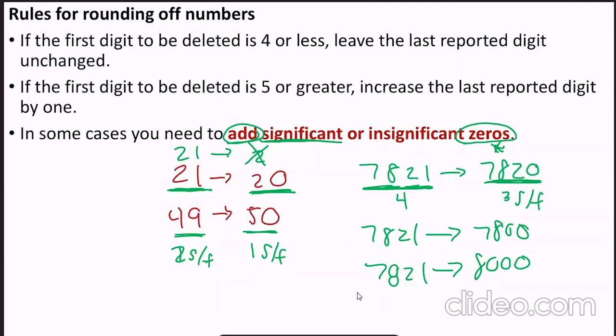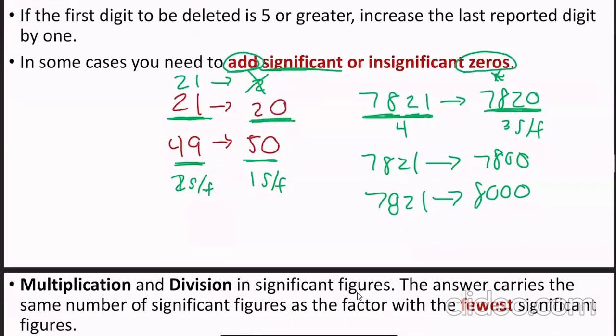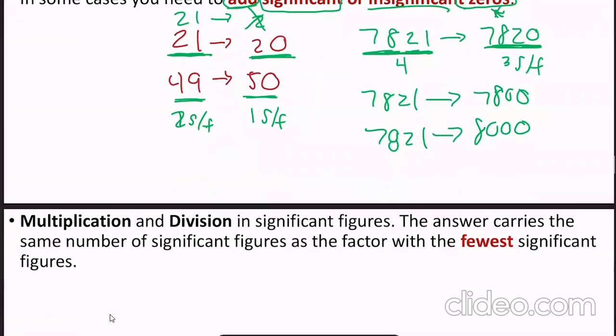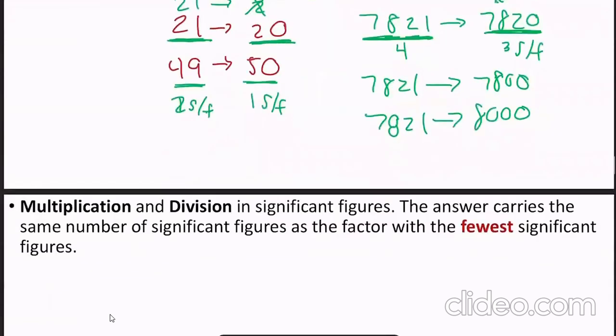We change 821 to significant 0. And then there are going to be times where we actually have to add insignificant zeros, right? So this is what we're doing right now, we just added insignificant zeros. I should underline the significant. We just added insignificant zeros, right? And there is going to be a time when we do need to add significant zeros.